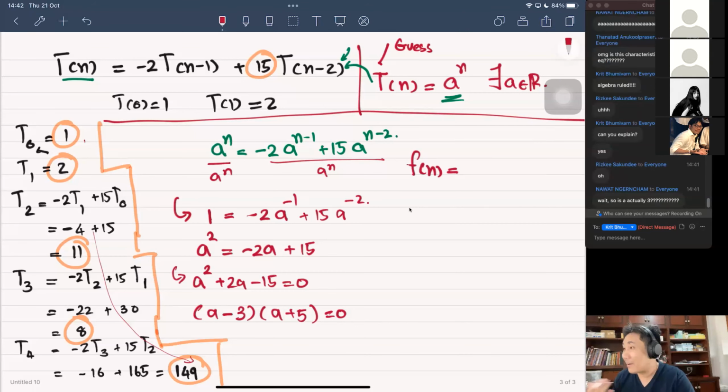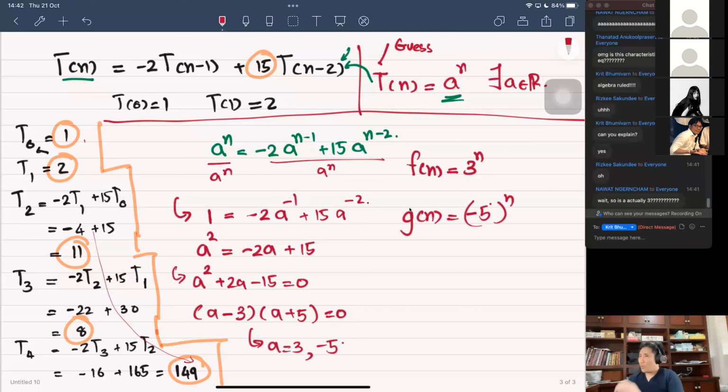If I made up the question, you can expect small integers because I'm lazy. So f of n is 3 to the n, and g of n is, wait, not 5 to the n, minus 5 to the n, sorry. So this A is 3 and minus 5.